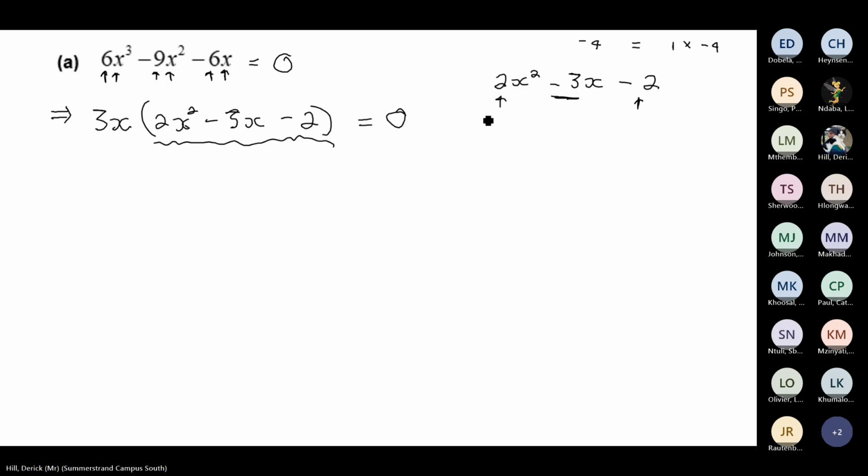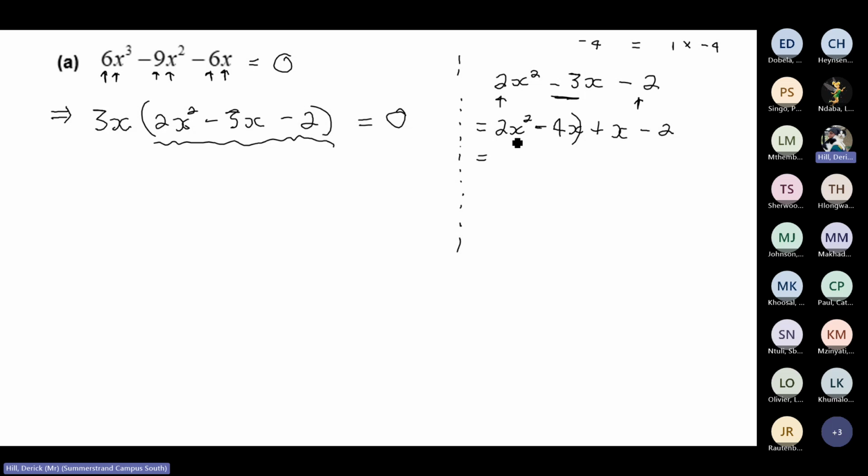Let me just make a little line here so we don't get confused what we're working on. So we've got our 2x squared minus 4x plus x, 1x, which is x minus 2.